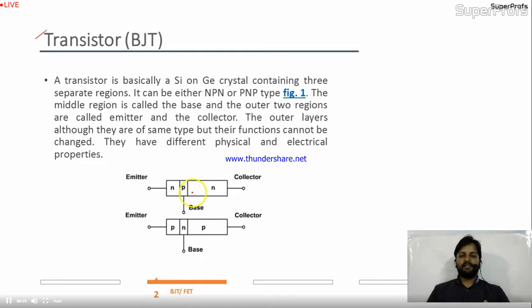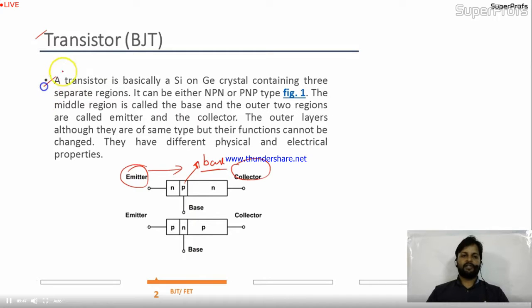In the BJT bijunction device, the emitter will emit the holes or electrons into the circuit. The collector will collect them, and with the help of the base, we control the upcoming of the current from the emitter, right?